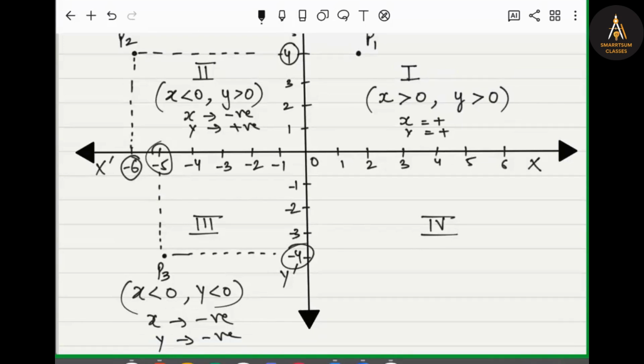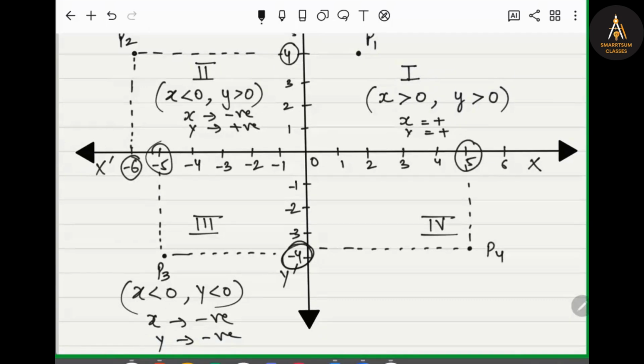For the fourth quadrant, suppose we have a point here, P4. If you find the coordinates of this point and draw perpendiculars over the two axes, you will find the value of x is positive, but the value of y is negative.